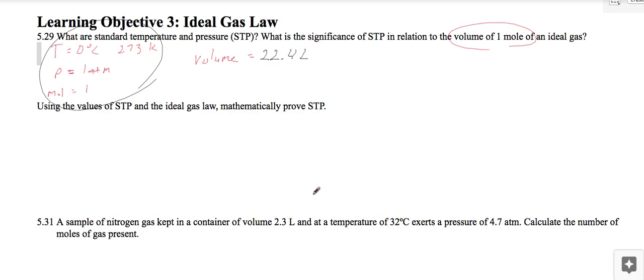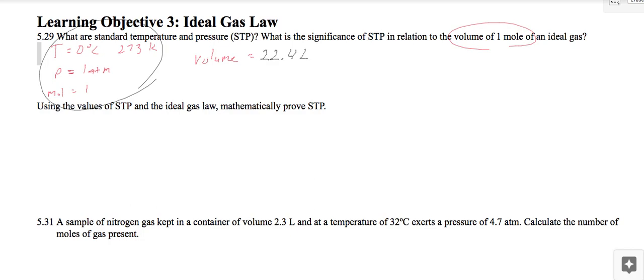That's always a true statement, ladies and gentlemen, regardless of the gas that we have. And that's about the size of a basketball, I guess. So to give you a visual of what 22.4 liters looks like. And so there you go. There's STP and then the volume part as well.